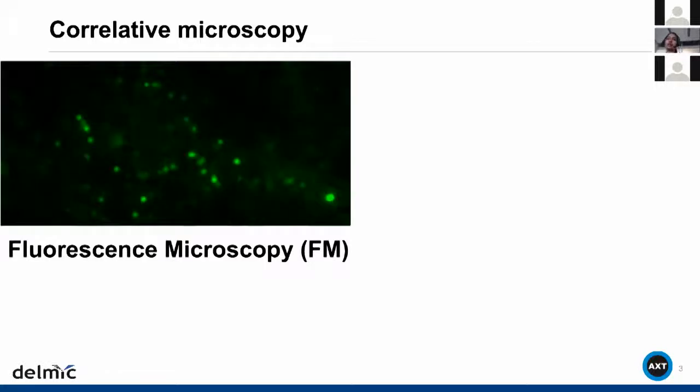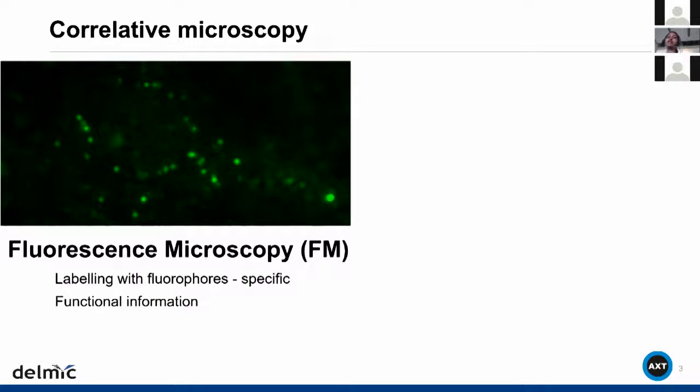Fluorescence microscopy is a technique commonly used in biology, for example, where biological specimens can be tagged with specific antibodies, and these antibodies can in turn be tagged to fluorophores, which are molecules that emit fluorescence. By imaging these molecules in a microscope, you can essentially image different parts of the biological specimen.